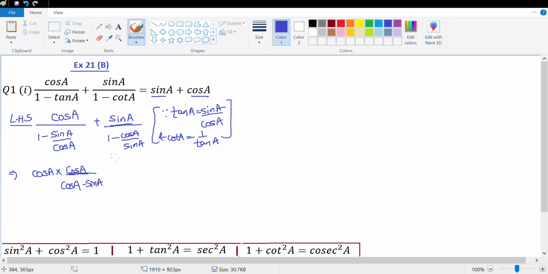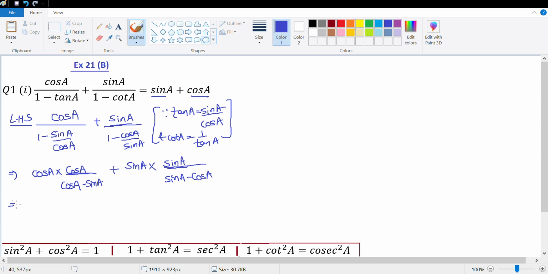Perfect. So similarly in this term I will take the LCM of the denominator, the two terms in the denominator. The LCM would be sin a and the denominator now becomes sin a minus cos a.